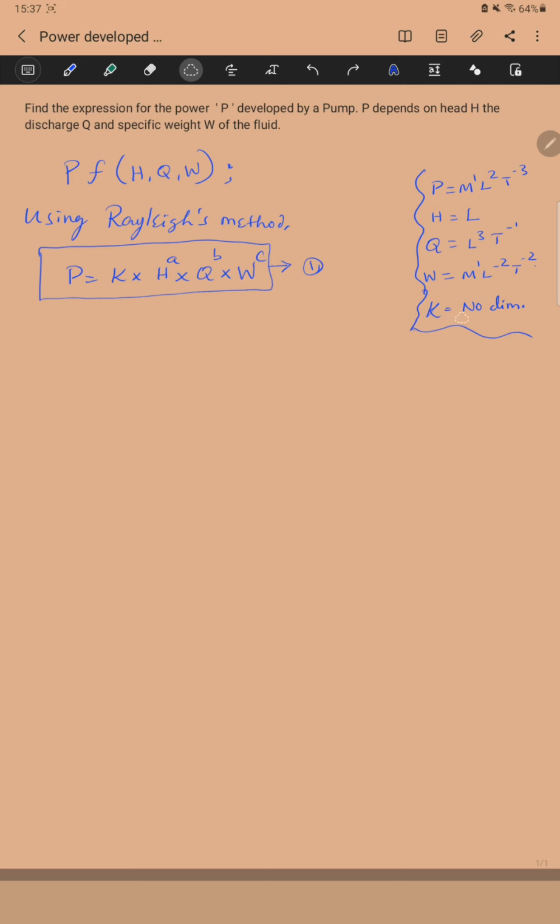That's why I've written K is no dimension. I have written it over here so that you do not get confused and wonder where the dimension for K is. K is just a dimensionless constant.